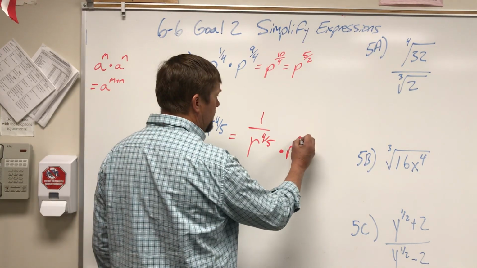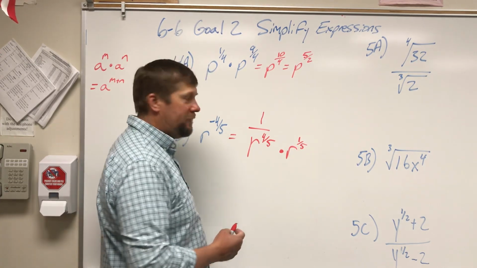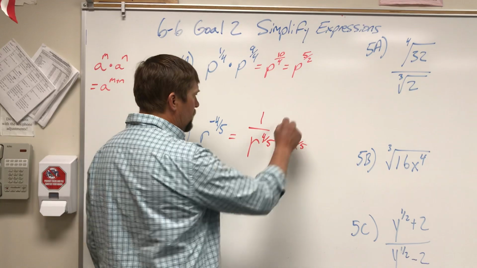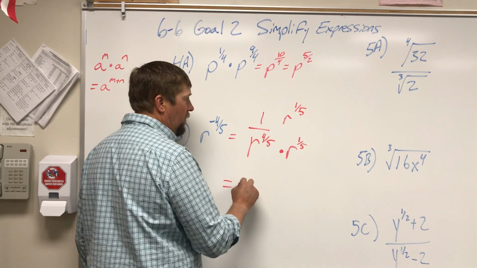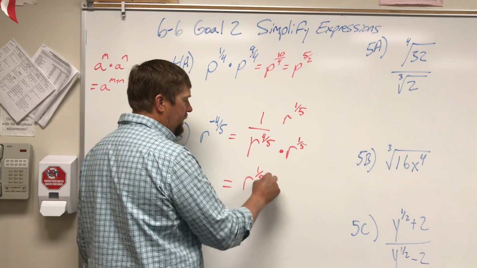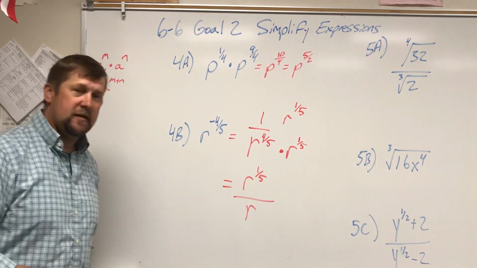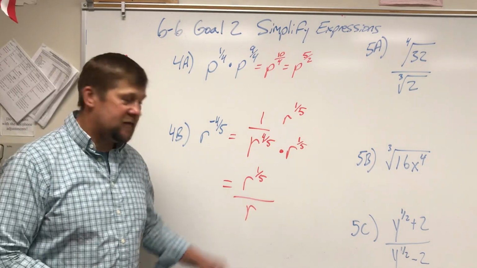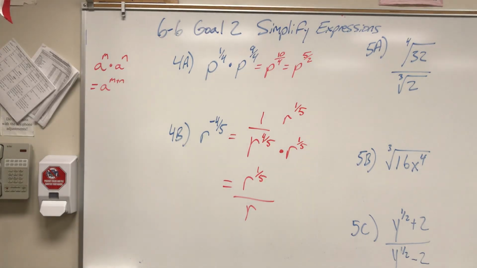I'm going to multiply by r to the 1/5 because that now would add up to 5/5. Of course I have to do both top and bottom. So the simplified form is r to the 1/5 over r to the 1st, and that is simplified because there is no rational exponent or radical in the denominator.